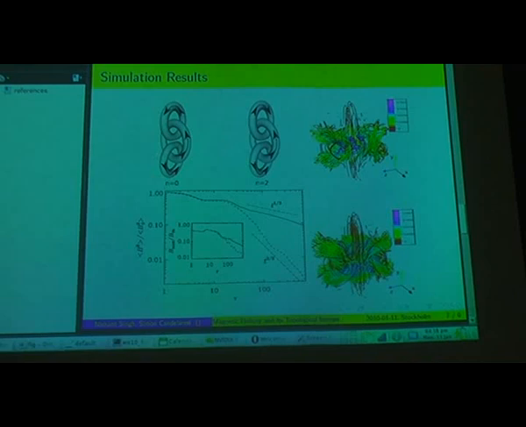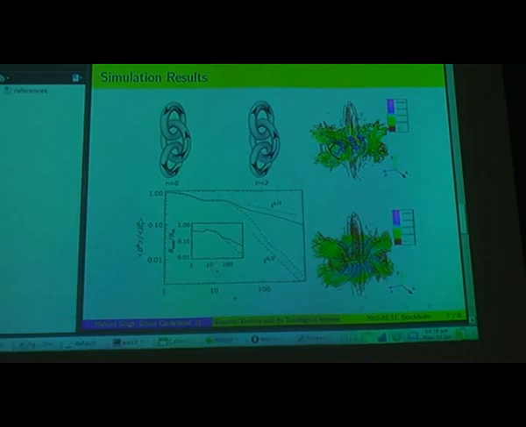The linking number of this one is 0 because of the direction of the magnetic field lines, and here the magnetic field lines are opposite. So the linking number is 2 in that case. We've got these two different cases, linking number 0 and linking number 2, which correspond to zero helicity and finite helicity.